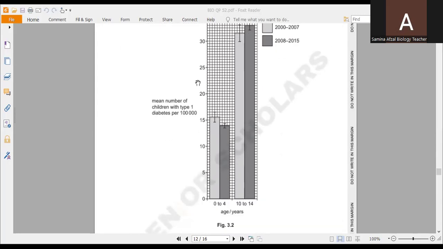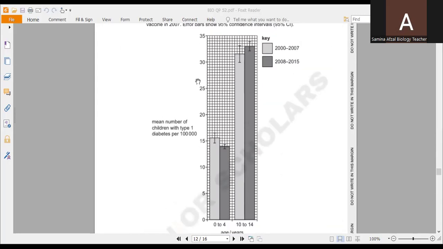So here you can see the mean number of children with type 1 diabetes per 100,000, aged 0 to 4, shows a little bit of decrease. The trend shows a decrease in the number of cases. In 2000 to 2007, it was more than 15, about 16. And in 2008 to 2015, it has decreased.